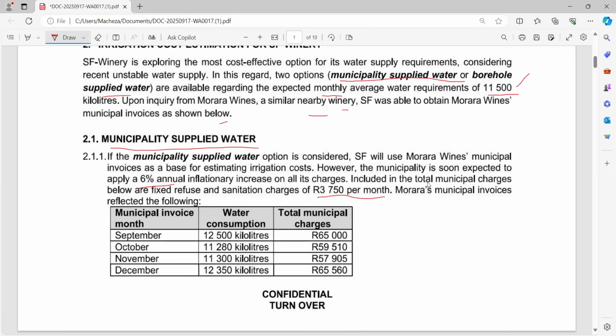So these are not water charges. Included in the total cost for every month, there is 3,750 per month for refuse and sanitation charges.